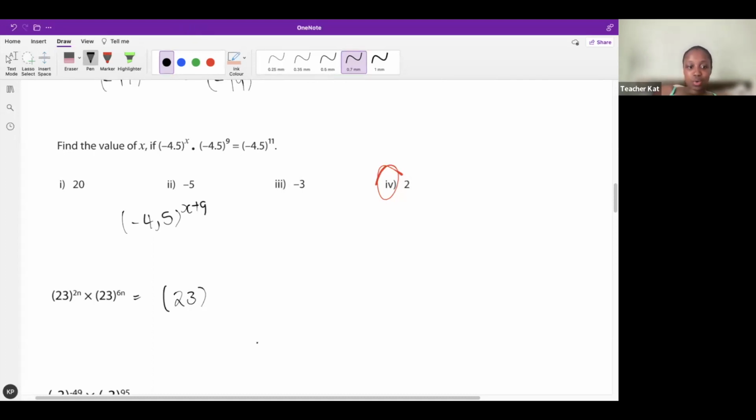Remember, we're still applying law number 1. 2n plus 6n. Can we simplify this? Is it possible to simplify this? 23 to the power of not just 8, 8n.